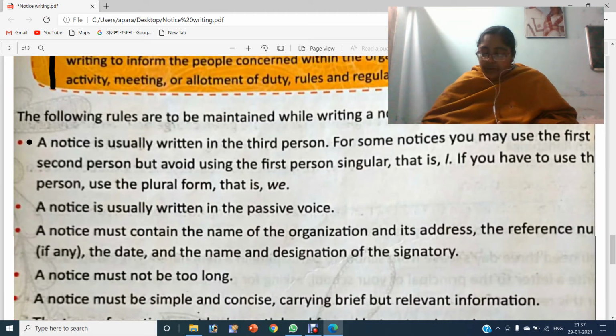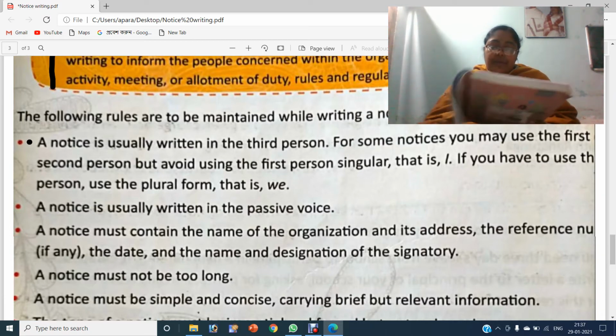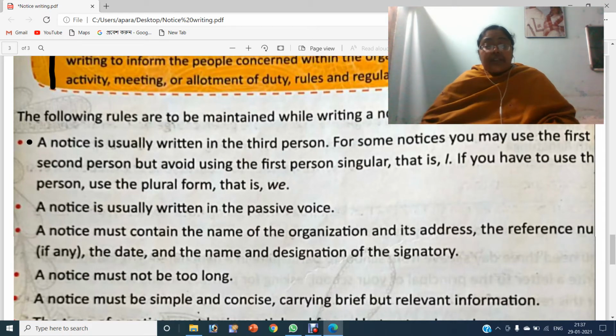So, just see here. A notice is usually written in the third person. For some notices, you may use the first or the second person. But avoid using the first person singular. That is I. You have to avoid that.